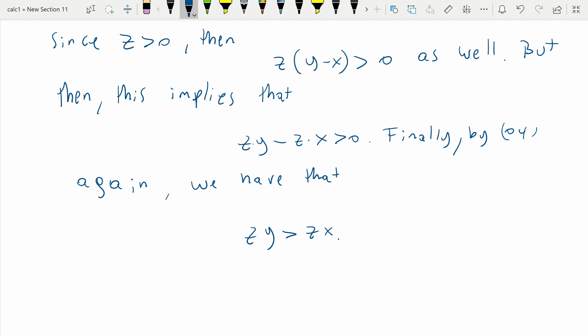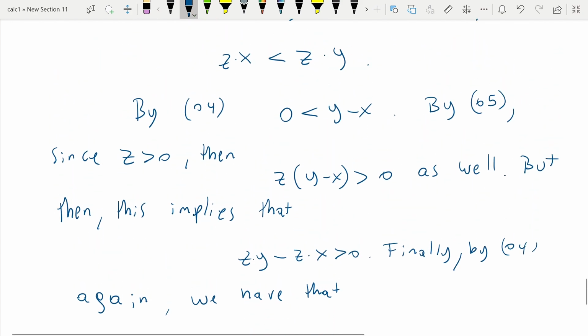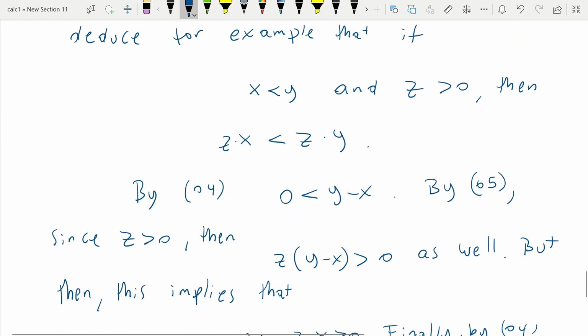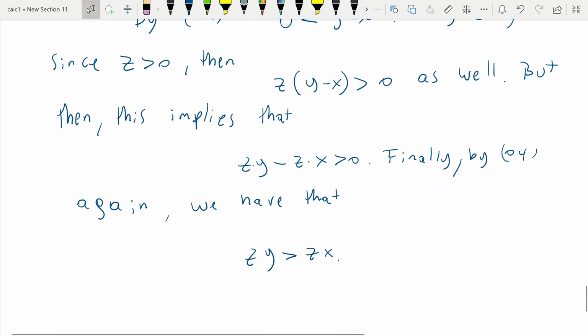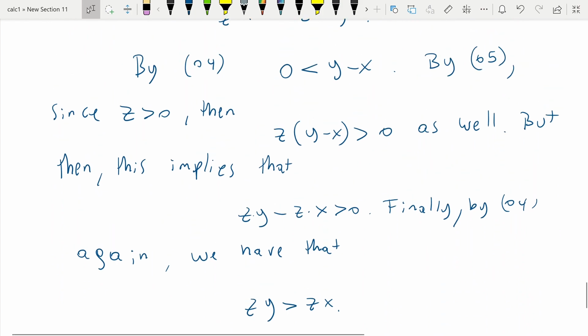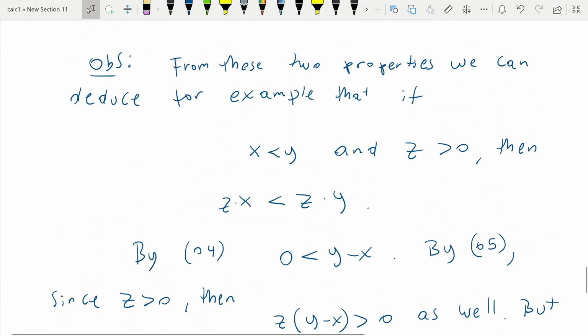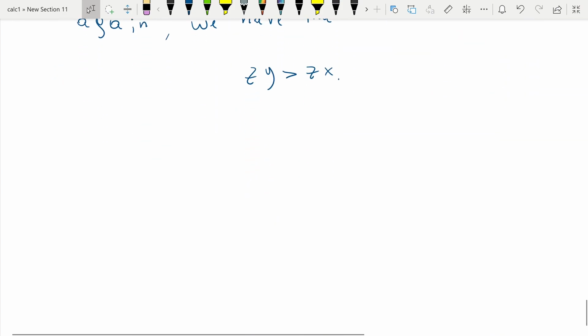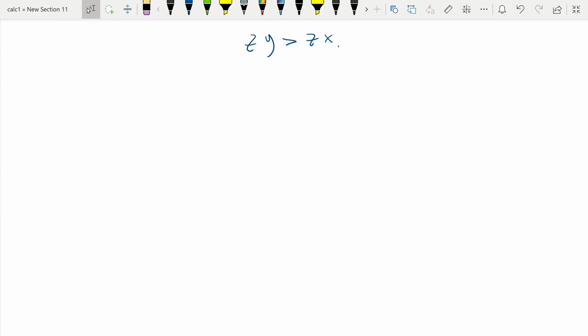So at this point, we have already listed the properties we want. We want, first of all, the Dedekind cuts to be a field, to have an ordering, and these two additional properties, 04 and 05, that make it into an ordered field. But what's the question now? And this is what you should be thinking about at this point.